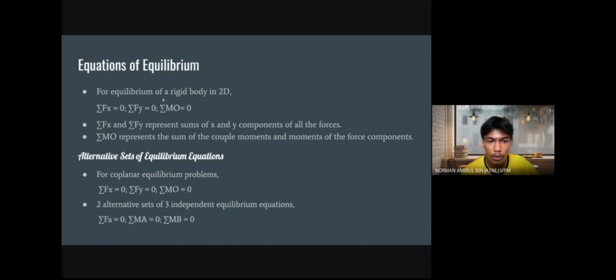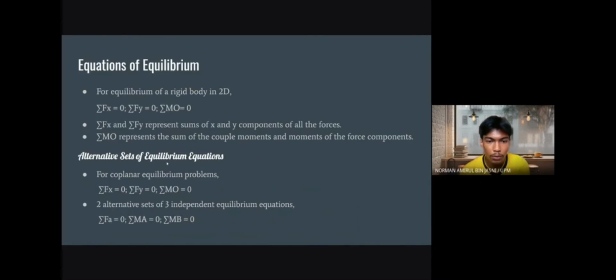For equilibrium of a rigid body in 2D, we have these equations. Fx and Fy represent sums of x and y components of all the forces. And this MO represents the sum of the couple moments and moments of the force components.